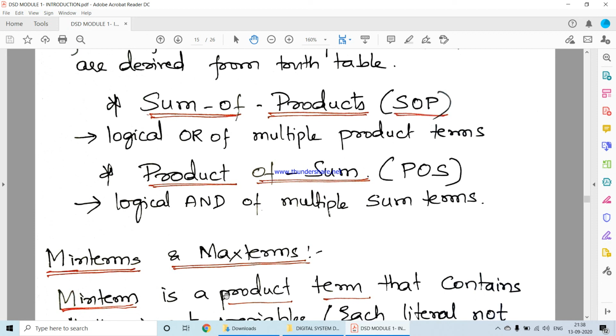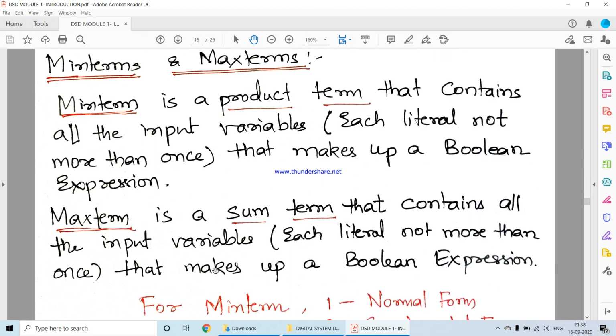Okay. Now we'll see what min term and max term are. Min term is a product term that contains all the input variables. For example, AB plus BC plus CA, whatever I wrote, is not a min term, because in AB, C is missing, in BC, A is missing, in CA, B is missing.